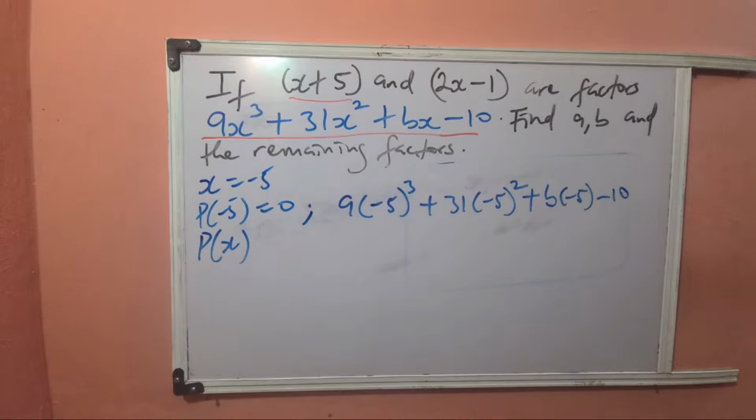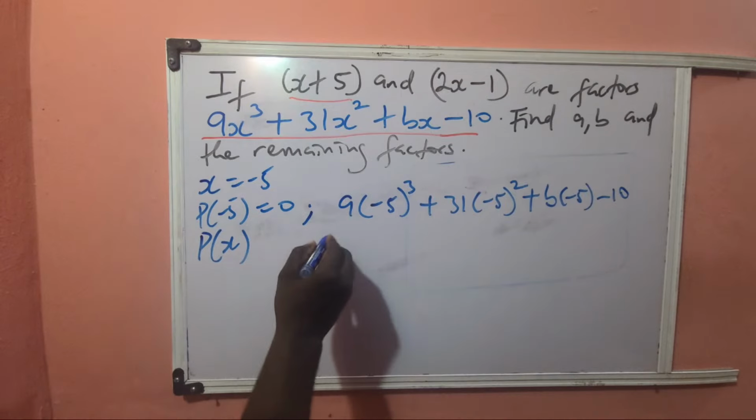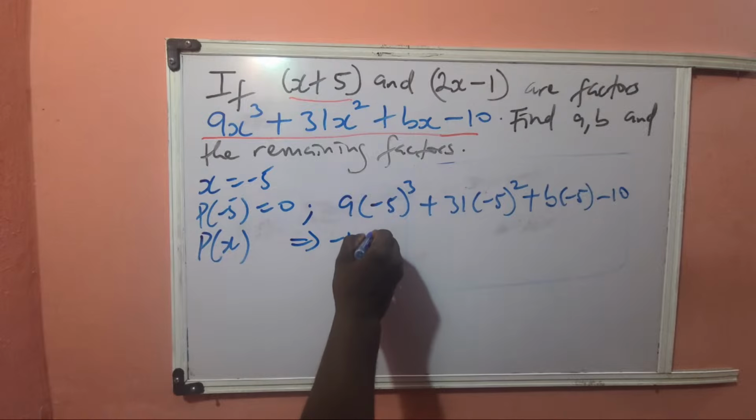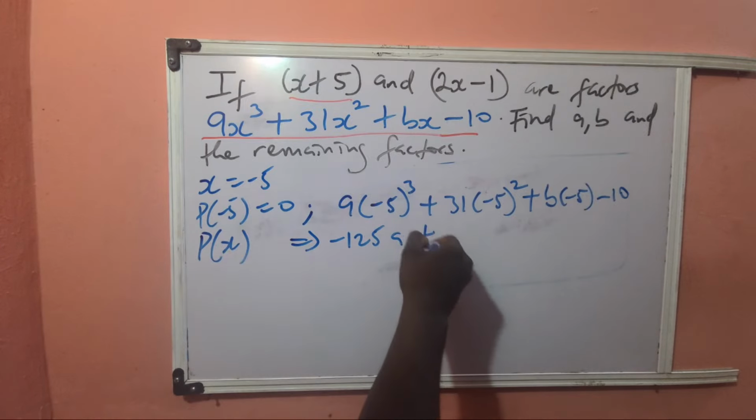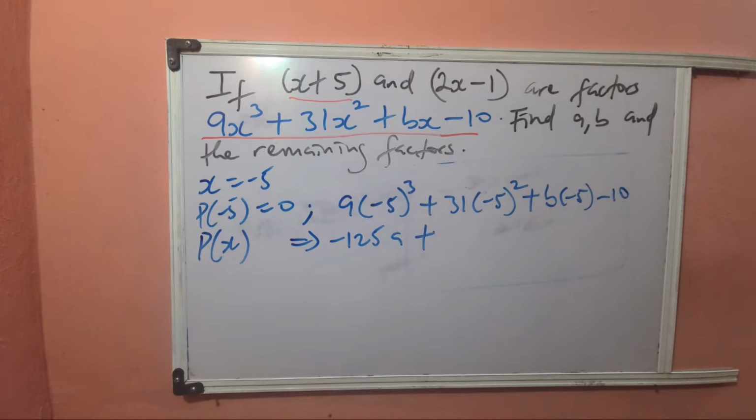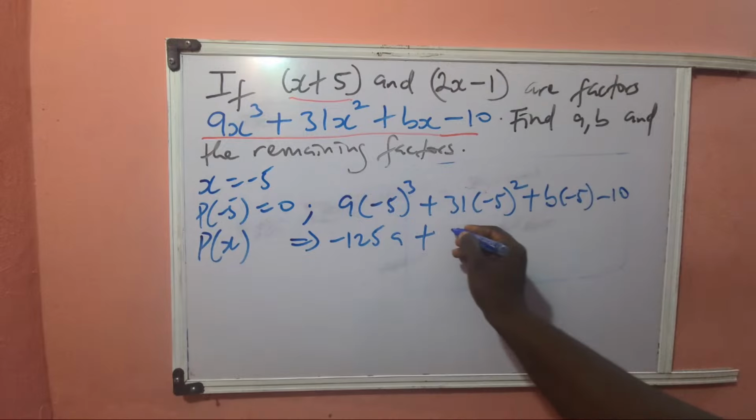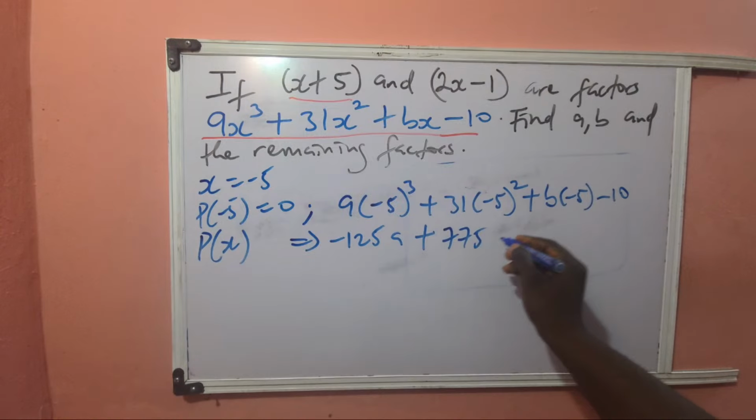So if you go on to do minus 5 raised to power 3, of course, you get minus 125a. Minus 5 raised to power 2 is 25. That's 25 times 31, that's 775.